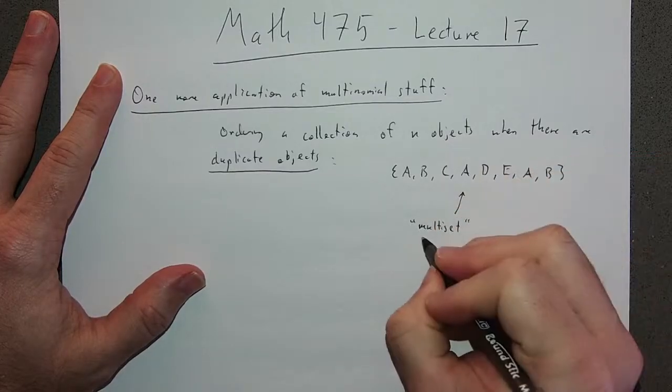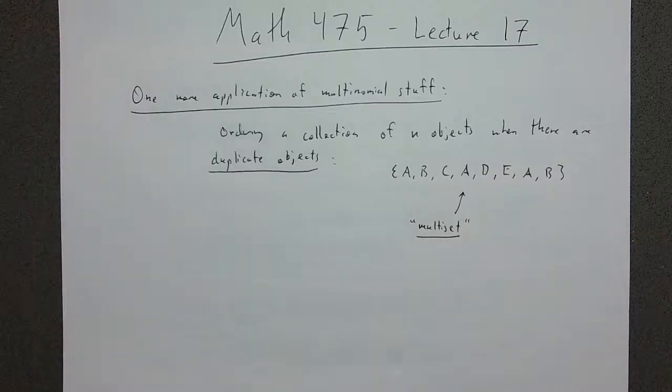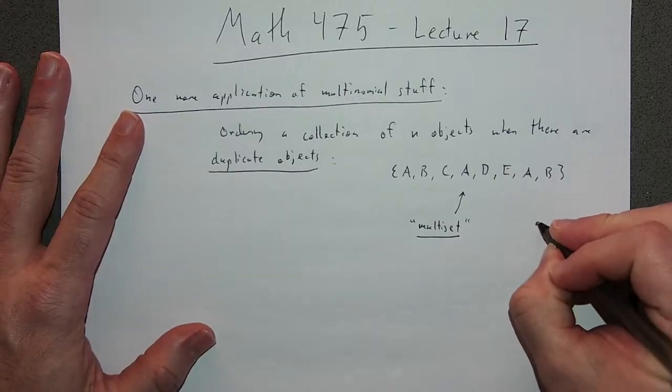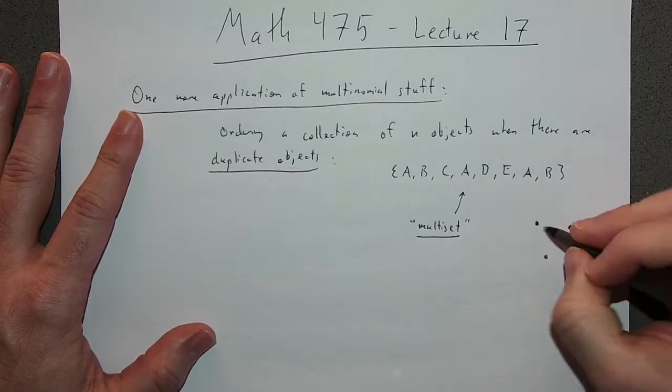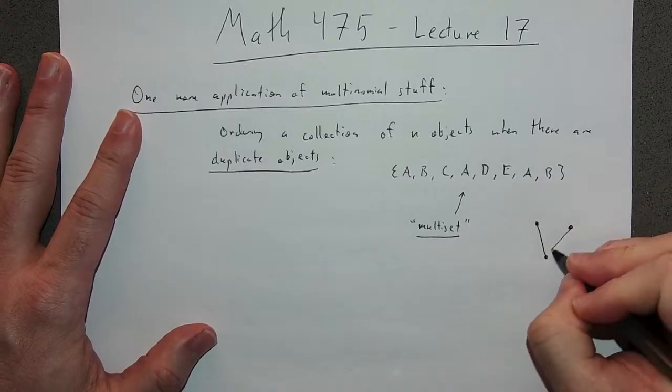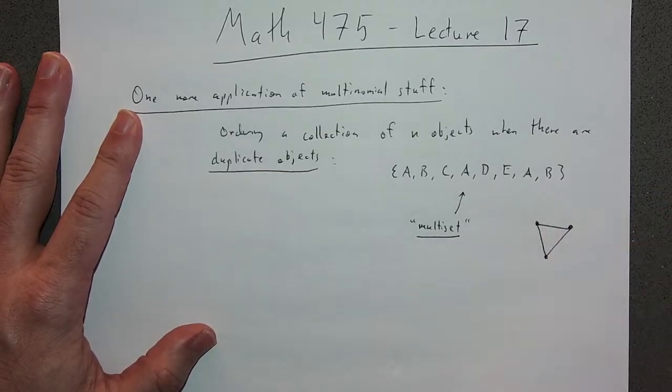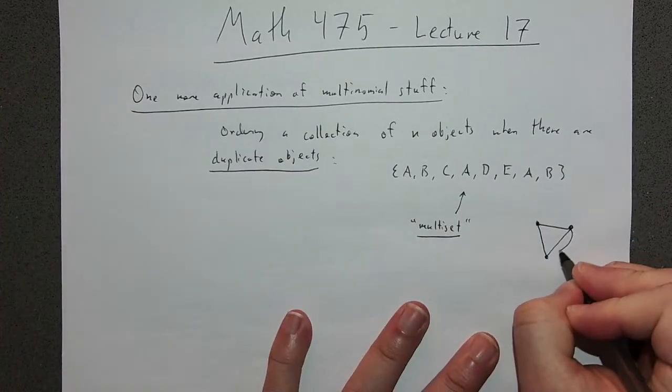Of course, we talked about this previously in graph theory, right? So in graph theory, on the first day of class, I mentioned what happens when your edge set is a multiset, right? So here, here's 3 vertices. Oh, that's K3, but wait a minute.